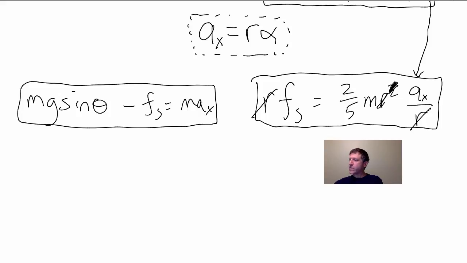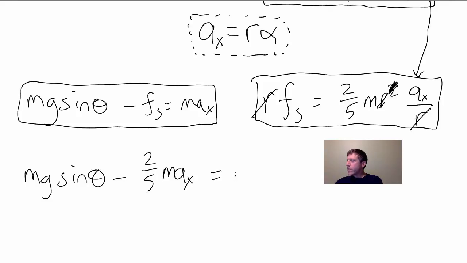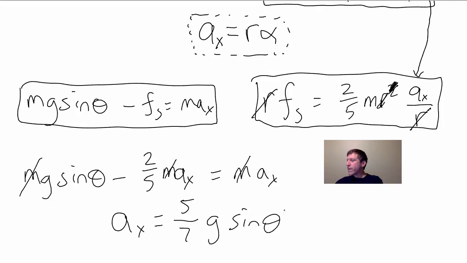So I'm just going to substitute that in right here. mg sine theta minus this whole thing, Fs is just going to be 2/5 times max, I should say. That'll equal max. And when you solve this for a, notice again we see that m doesn't matter. When you solve this for ax, you again get 5/7 g sine theta.